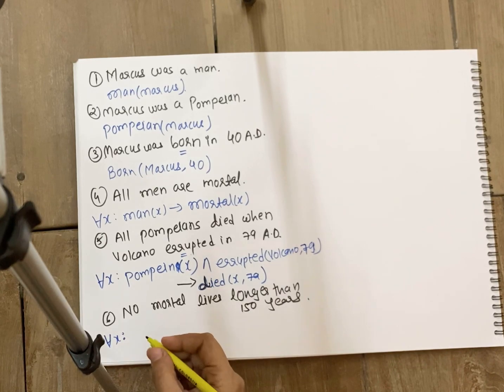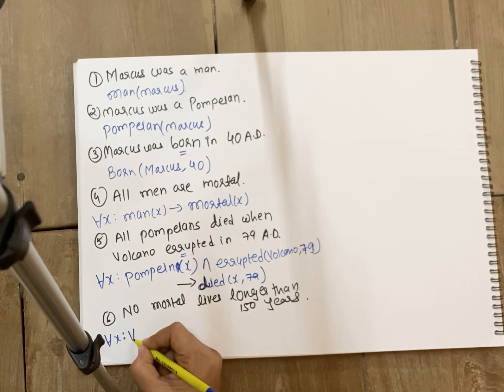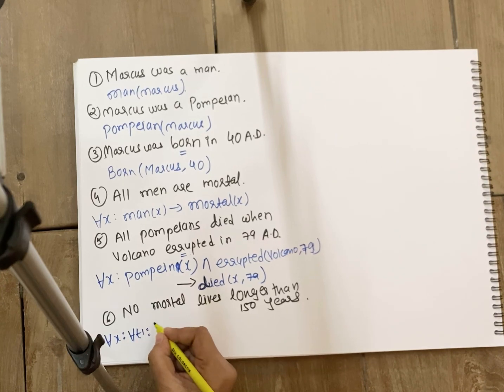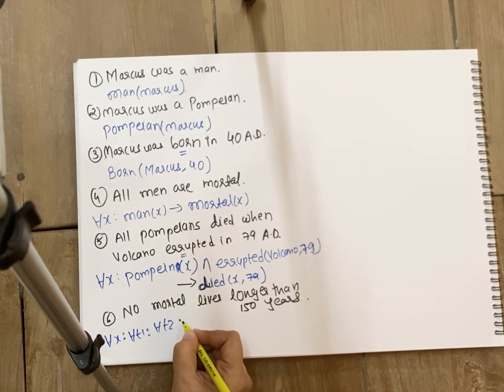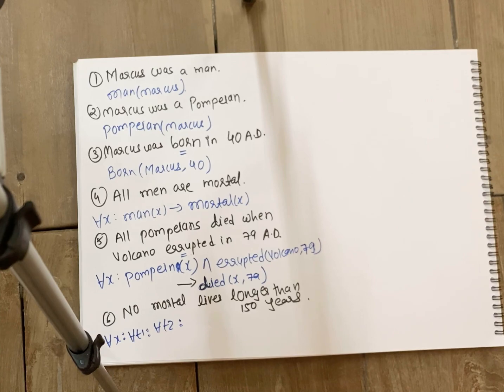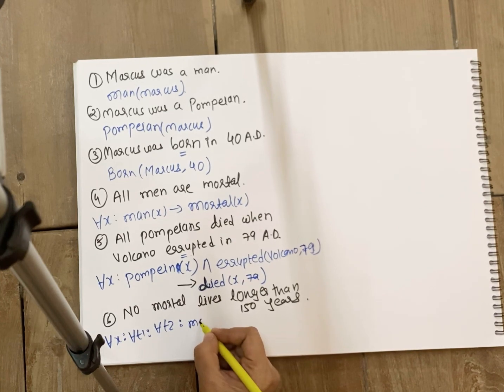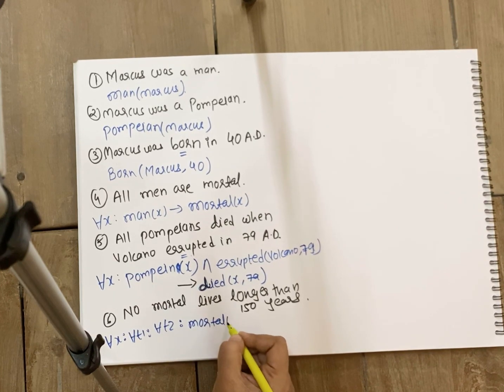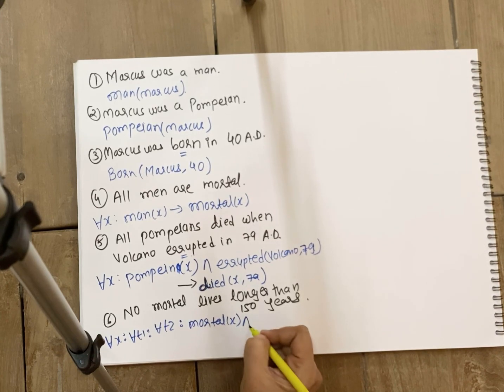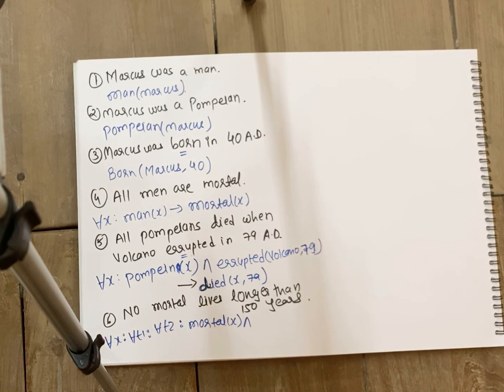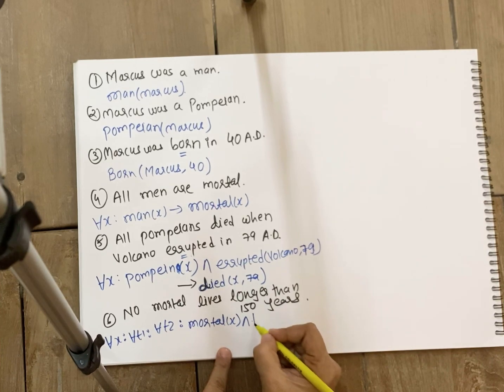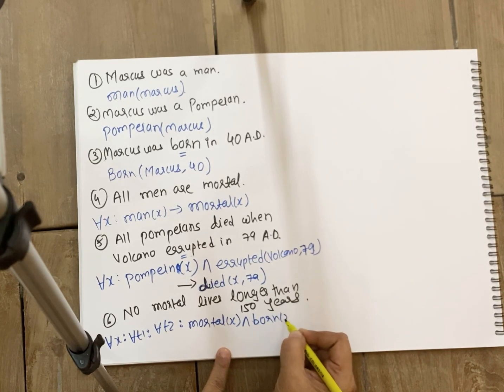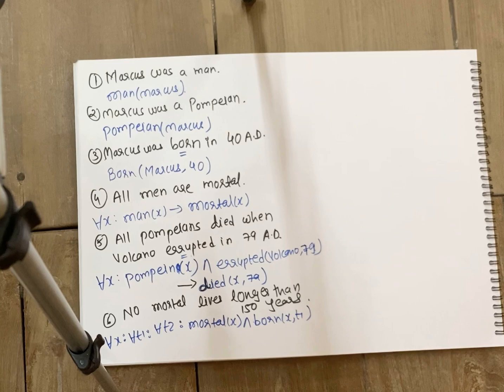Okay. So for all X, for all T1, for all T2: mortal X, and X was born, born(X, T1).